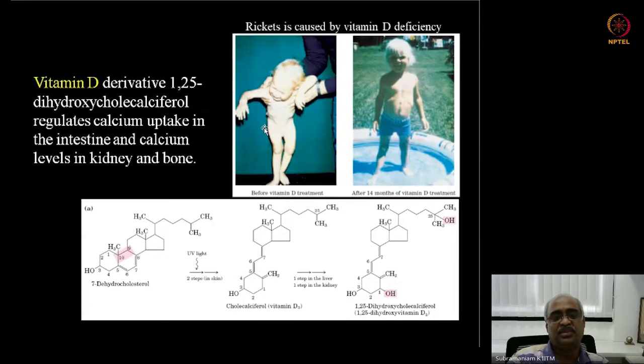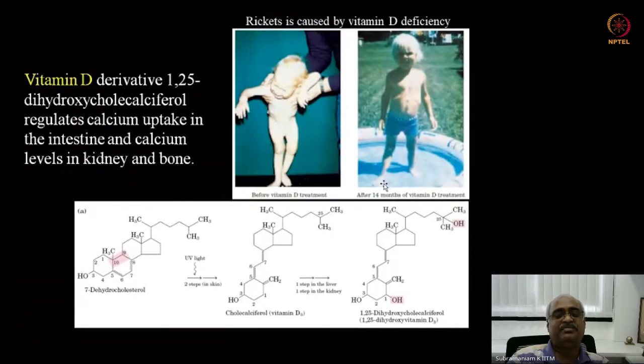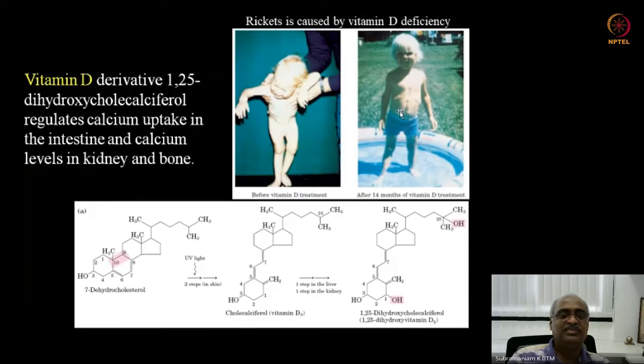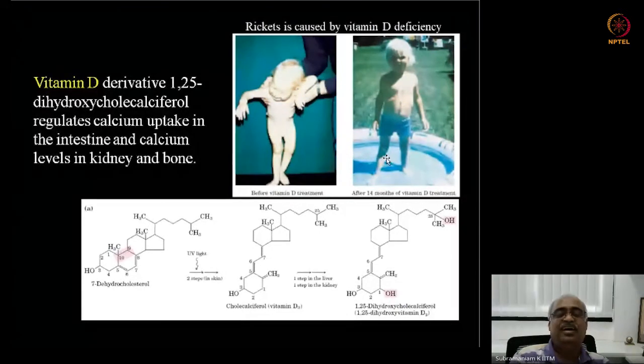And 14 months after providing vitamin D, you look at how the child is. This is why people say knowledge is power. So inquiring and investigating nature and understanding the molecular basis of it helped us solve this problem. It's very dramatic. You can see the difference between these two pictures, and this is what vitamin D does.